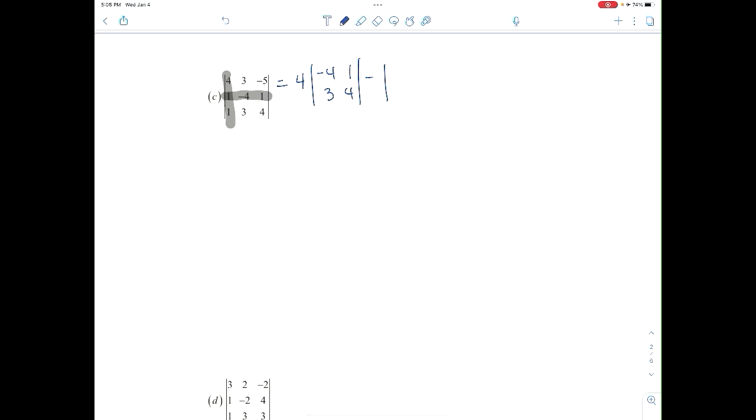So I have the determinant of 1 times 3, -5, 3, 4. And then I add, and I do the last one. So 1 times the determinant of 3, -5, -4, 1.